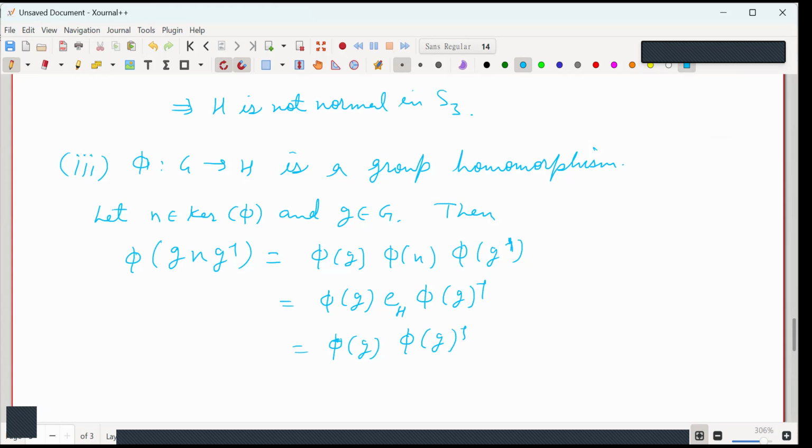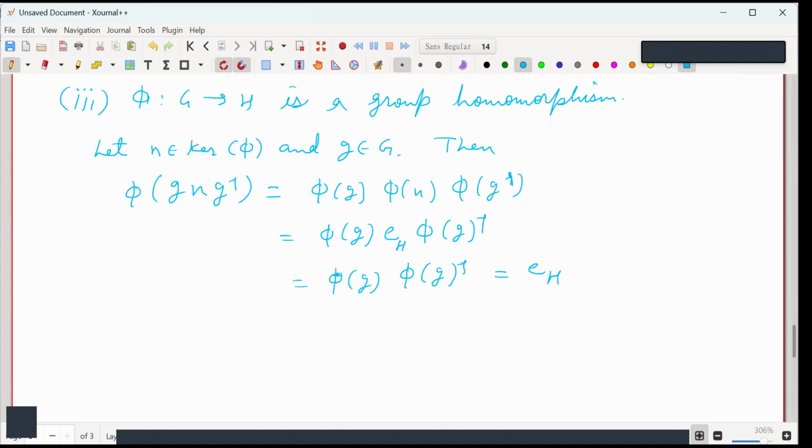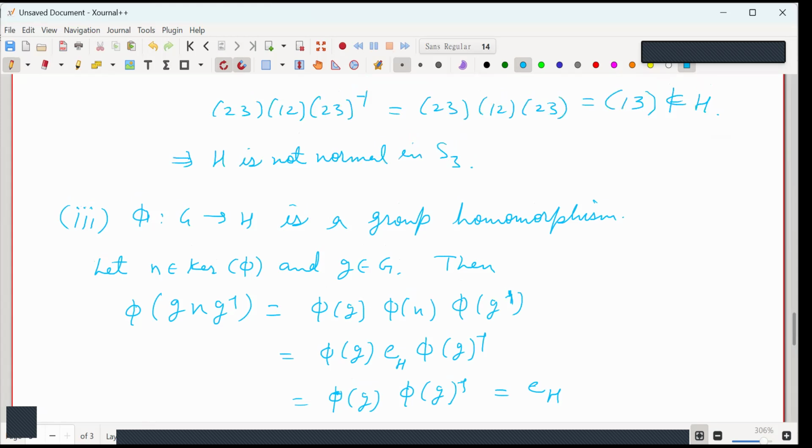These are inverses of each other, so this will again give you the identity of H. And from the definition of the kernel, anything that is mapped to the identity of the codomain is inside the kernel. So this implies g n g inverse is inside the kernel of phi, and thus the kernel of phi is a normal subgroup of G. This is the symbol for normal. Clear?